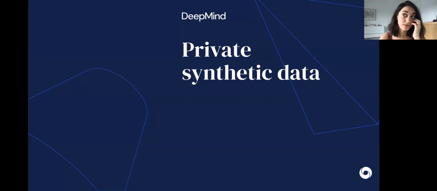So this is another line of work where essentially we want to make generative models useful in a wider context.